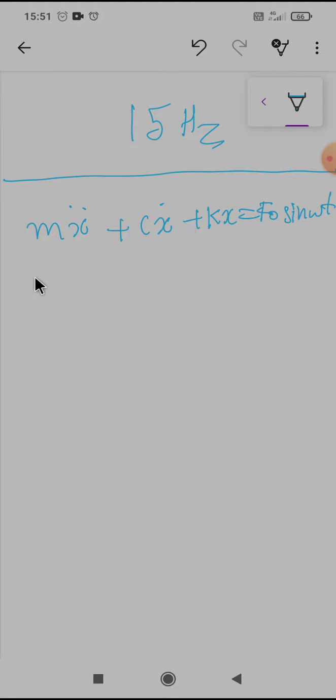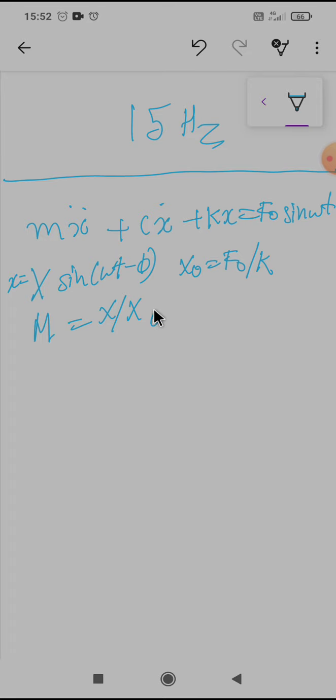And here we got the solution as x is equal to X sine (omega t minus phi), and X0 is equal to F0 by k, and magnification factor M is equal to X by X0, which is equal to 1 upon under root of (1 minus r square) whole square plus (2 zeta r) whole square.